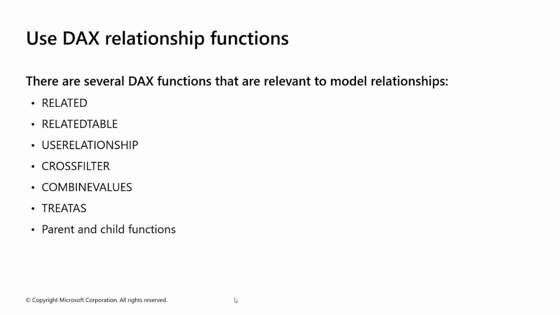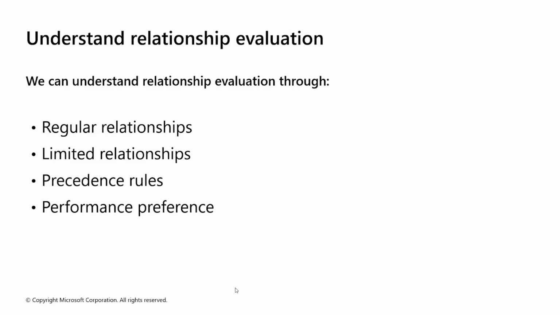All right. Now let's move on to our next slide, and let us try to understand relationship evaluation. So, model relationships from an evaluation perspective are classified as either regular or limited, and it's not a configurable relationship property.